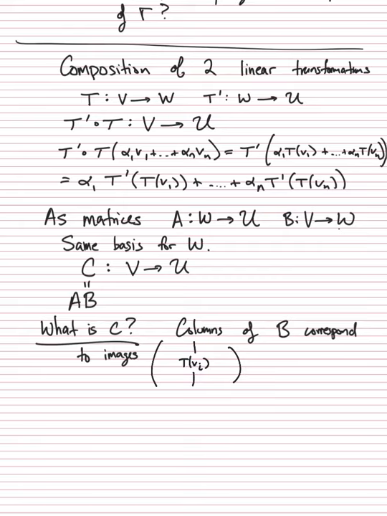So this is written in terms of the W basis. So the columns of C, of course, they correspond to you plug in Vi into T prime composed with T. Okay, so that's what you see for C.